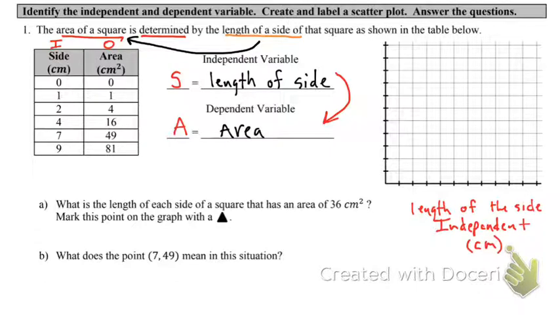Now your dependent variable is the area. So this axis represents the area of a square, and this is going to be in centimeters squared, because it's 2-dimensional.